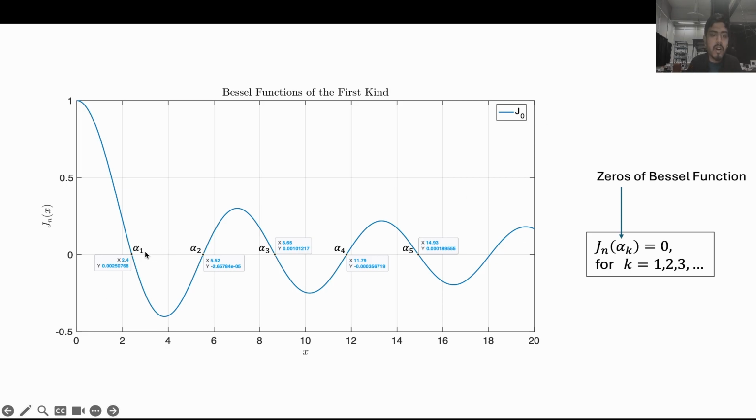This is the first zero of J0(x). Similarly, another zero is around 5.52, that we are calling alpha 2, and the other zero is around 8.65 and so on.